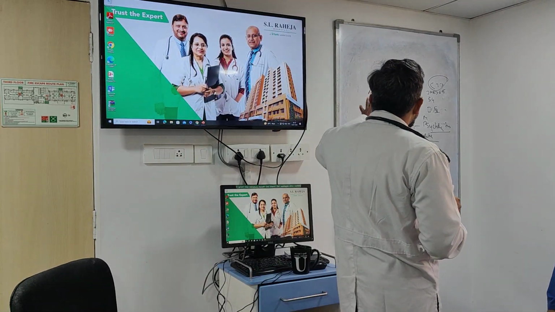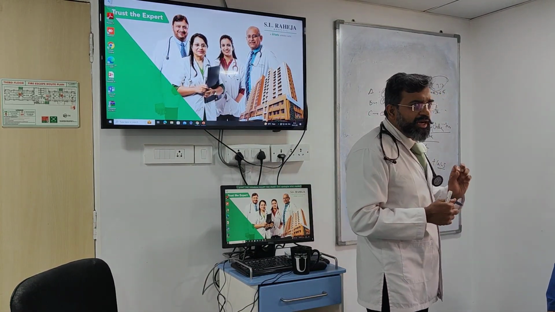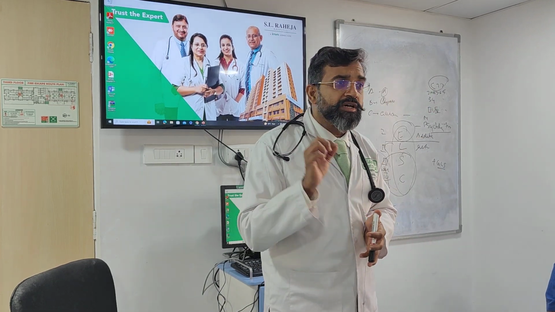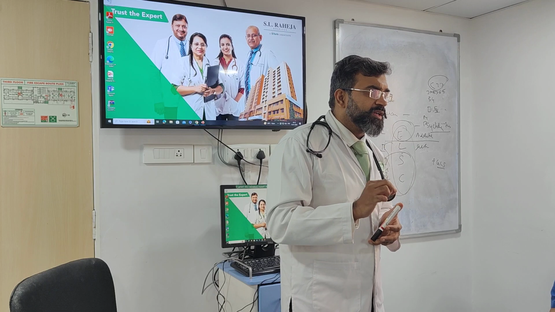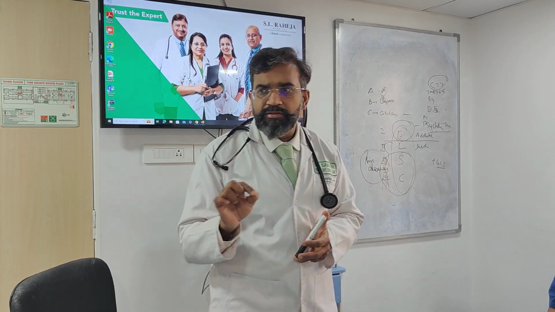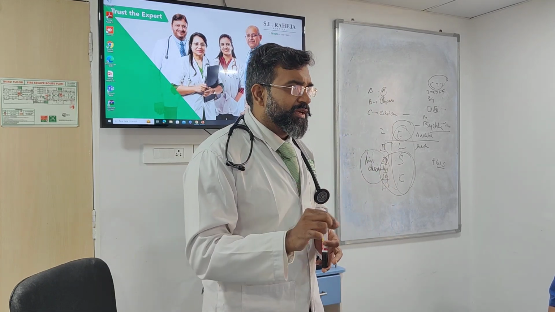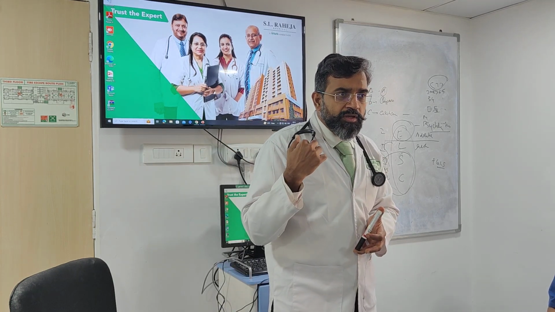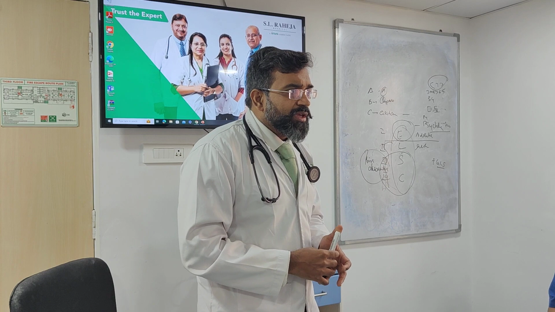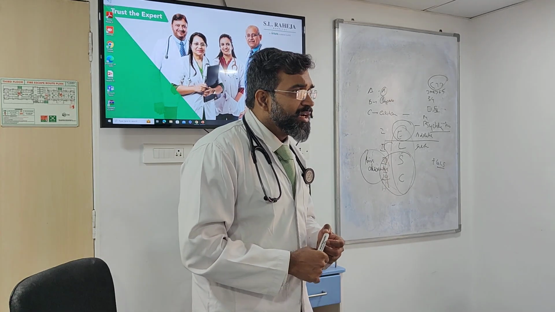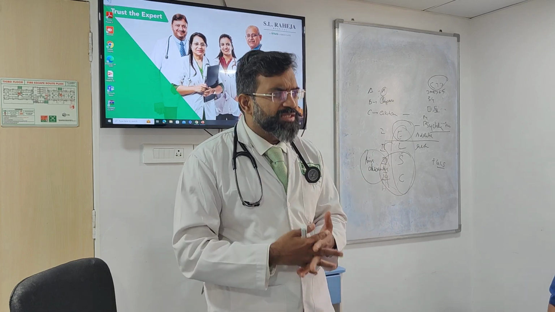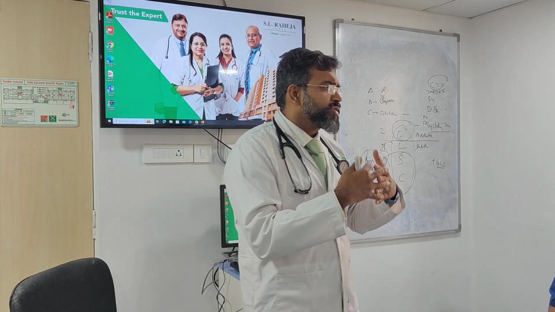Now, what you must understand in acute liver failure is that it creates something like a SIRS, a systemic inflammatory response syndrome, just like how pancreatitis does it. Similarly, ALF does the same thing. So we started by saying we give these patients prophylactic antibiotics. The reason is that it creates a very severe SIRS and causes gut translocation of organisms.